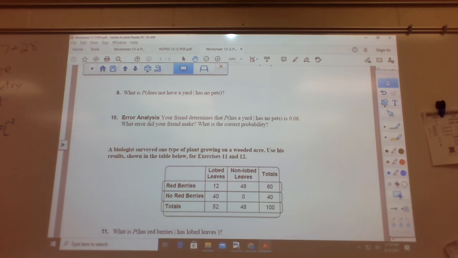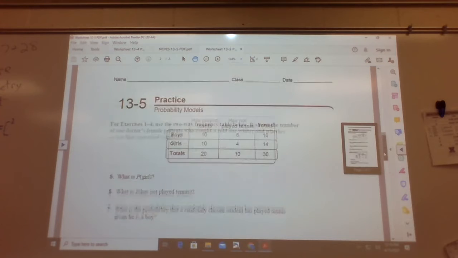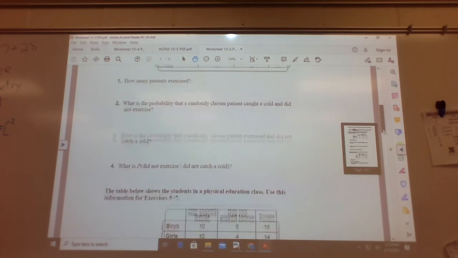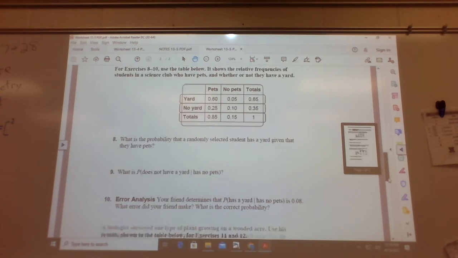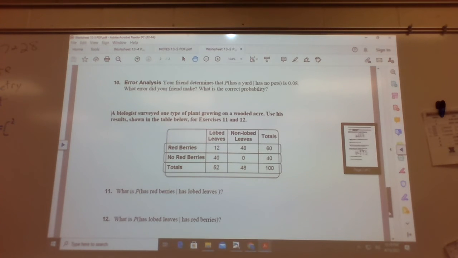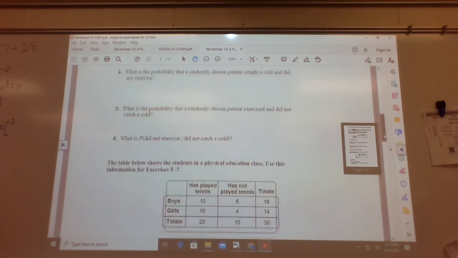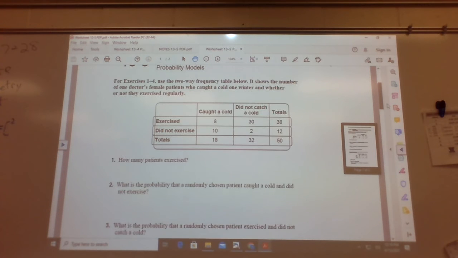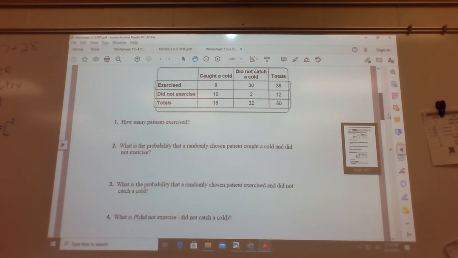So on this worksheet, I've got 4 charts, and then questions that go with each chart. So we're going to look at the first chart. We're comparing people that exercise compared to whether or not they caught a cold.